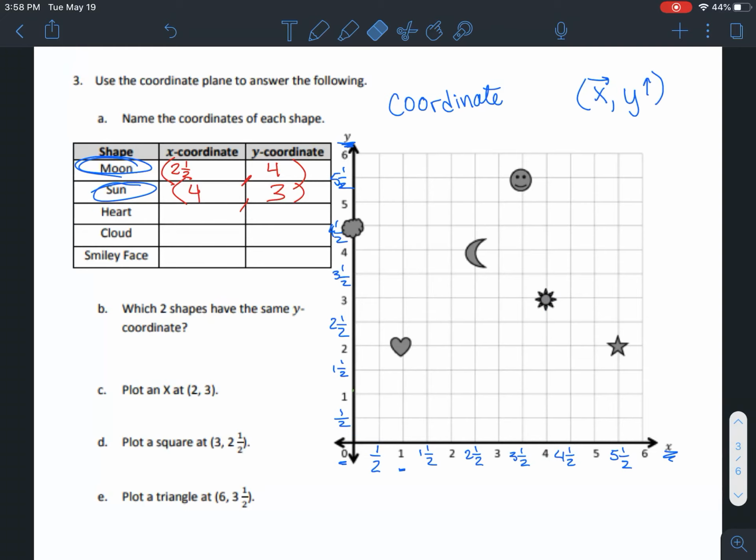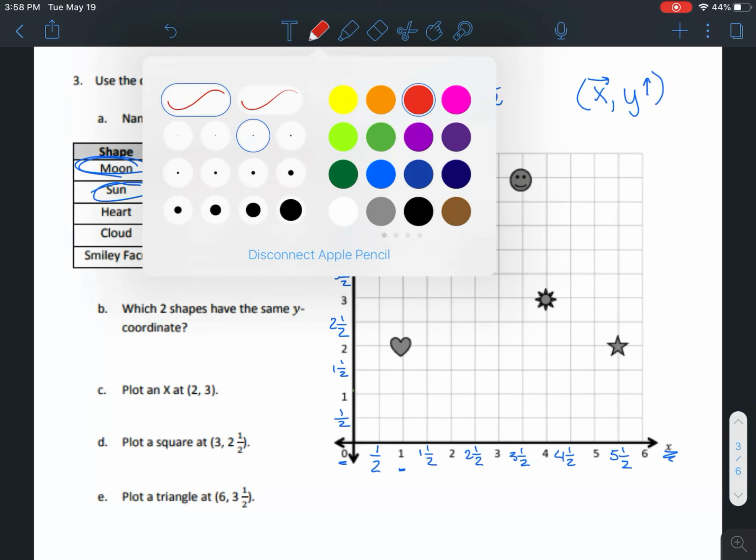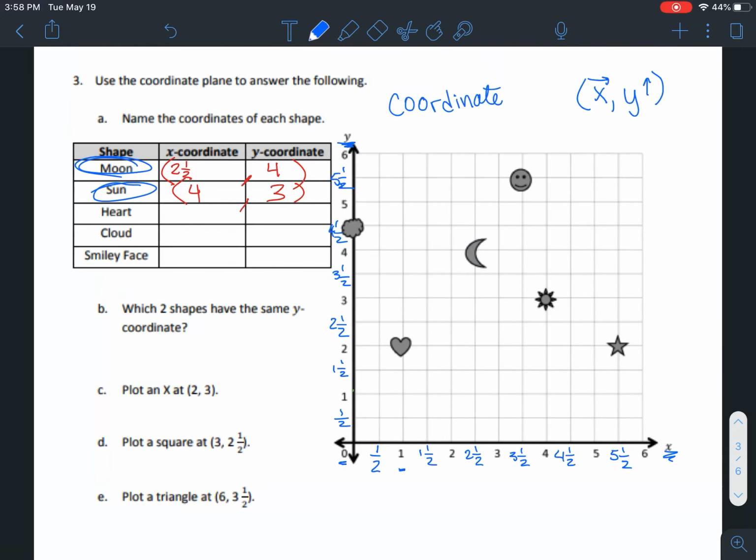Let's skip down to example C. Plot an x at 2, 3. I'm going to write a little note and annotate that x always goes first and then y.